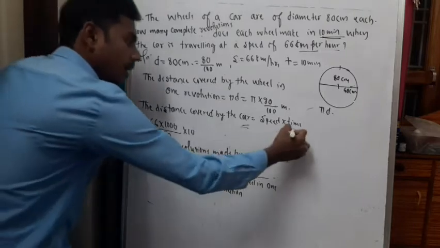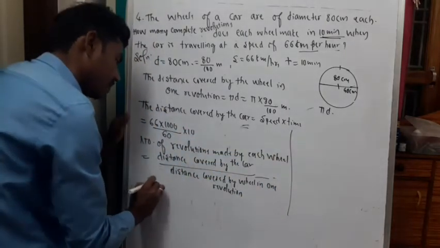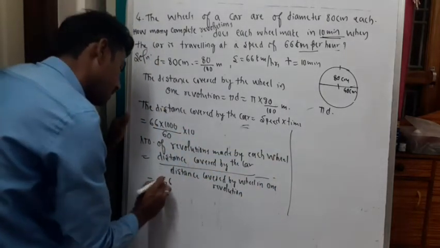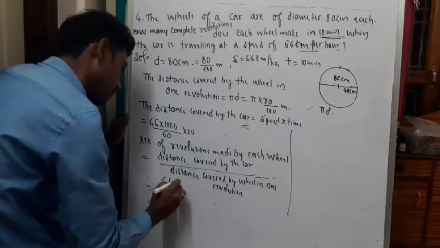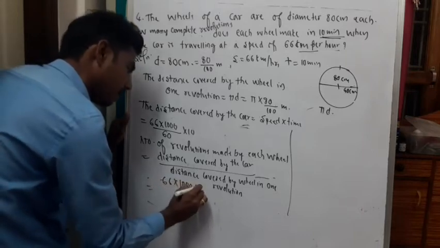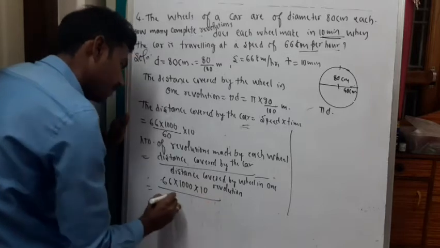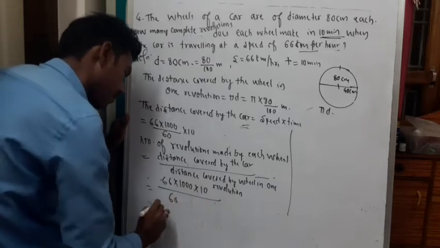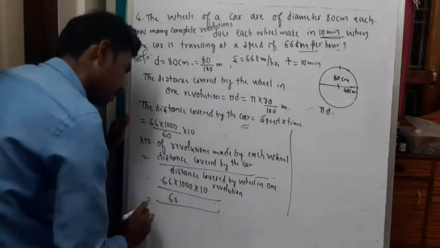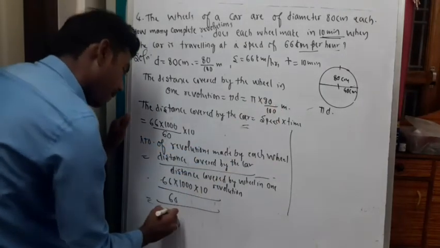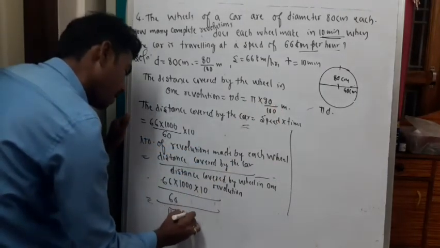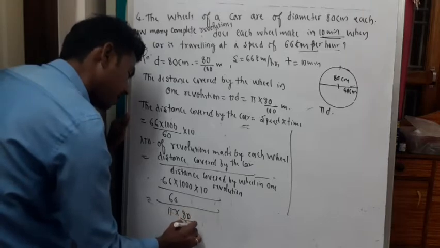So this is 66 into 1000 into 10 divided by 60 divided by pi into 80 divided by 100.